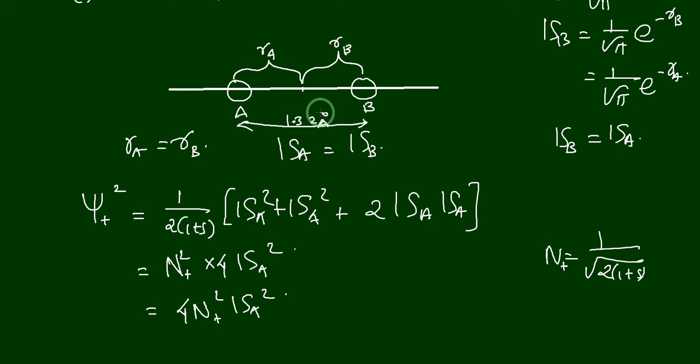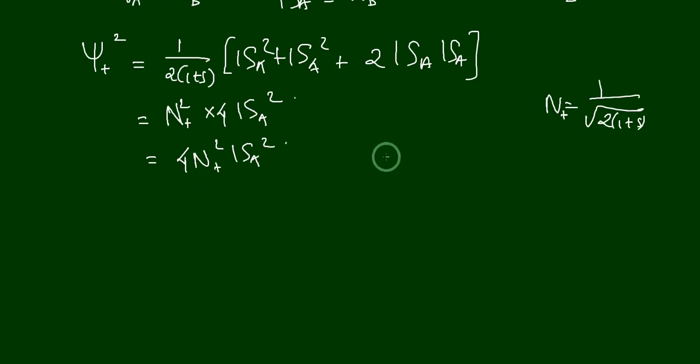At this distance, we are keeping the nuclei of the hydrogen H2 plus, nucleus A and nucleus B, both kept at a distance of 1.32 angstrom.